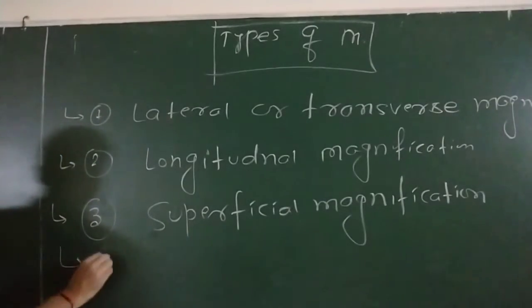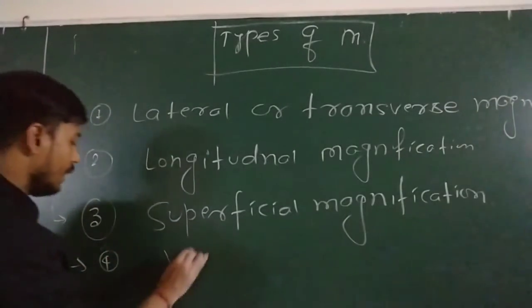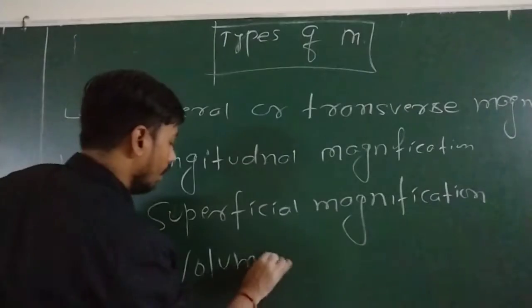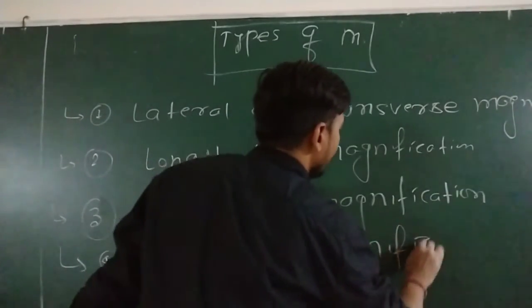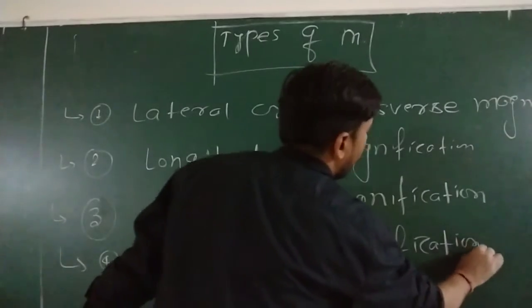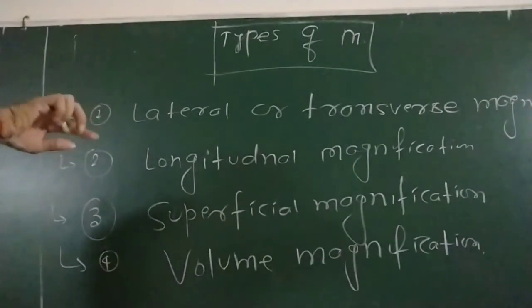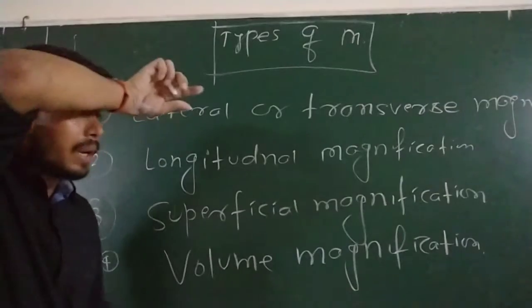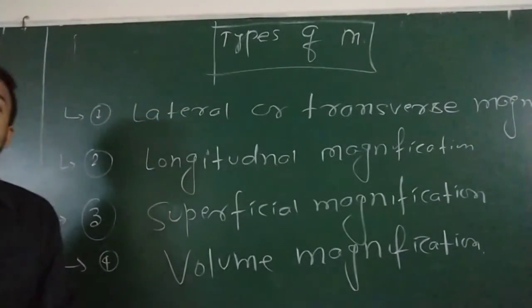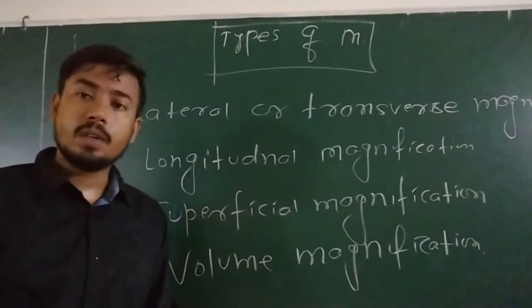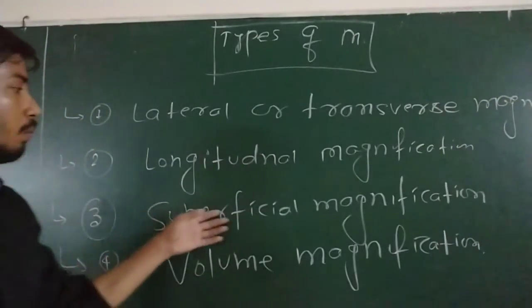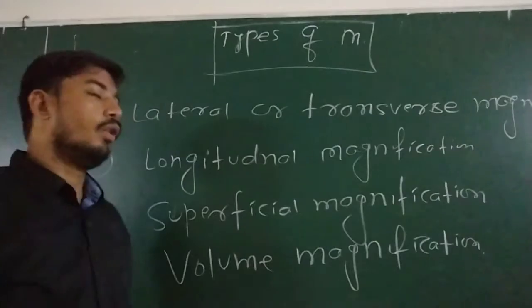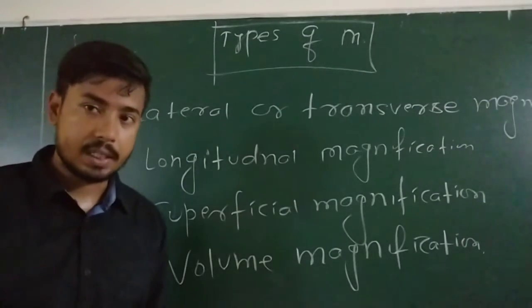And the fourth one, volume magnification. Now see, how many types of magnification do we have? We have 4 types of magnification: lateral or transverse magnification, then longitudinal magnification, third superficial magnification, and fourth volume magnification.